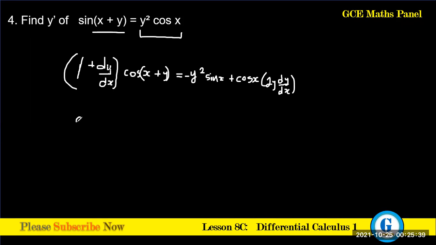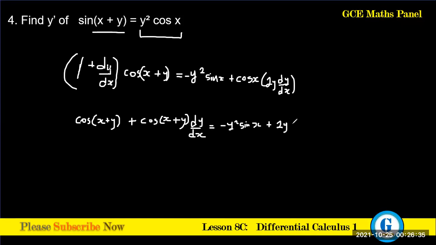So if I expand the left-hand side, I'll have cos(x plus y) plus cos(x plus y) dy dx, and on the right hand side this will be equal to minus y squared sine x plus 2y cos x dy dx.